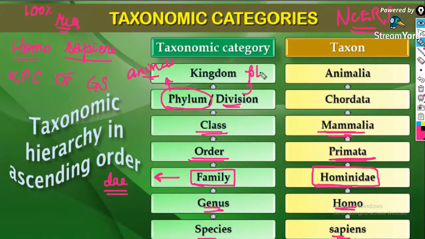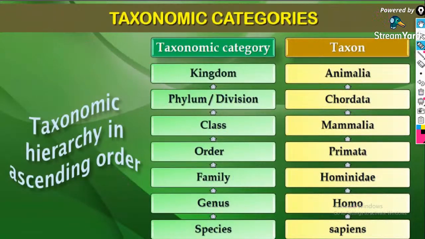Whenever you write the taxonomic hierarchy of a plant, you use kingdom, division, class, order, and in case of animals, kingdom, phylum, class, order. They are included in the phylum Chordata, that is, they have a notochord and vertebral column, and in the kingdom Animalia because they have a heterotrophic mode of nutrition.